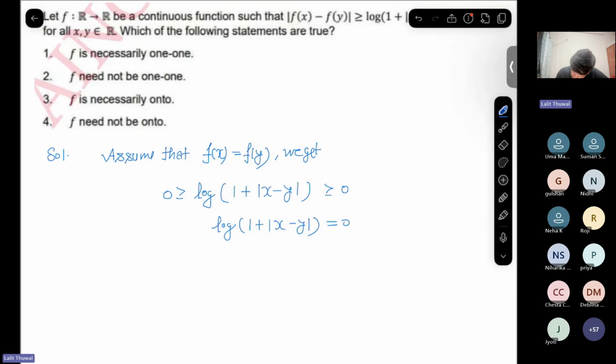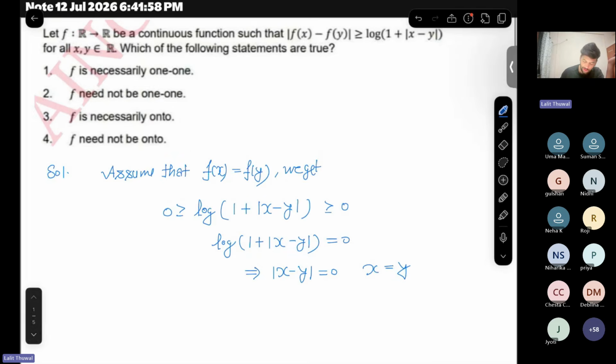So this means that this thing should be 0, so that this whole quantity is equal to 1. And this can only happen if x is equal to y, right? So it means the function is 1-1. Okay, so the first one is wrong and the second one is true.